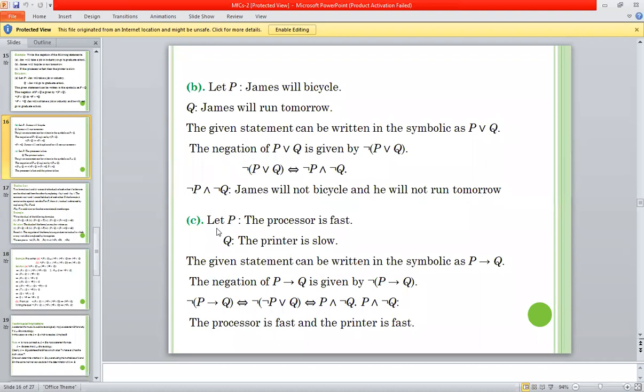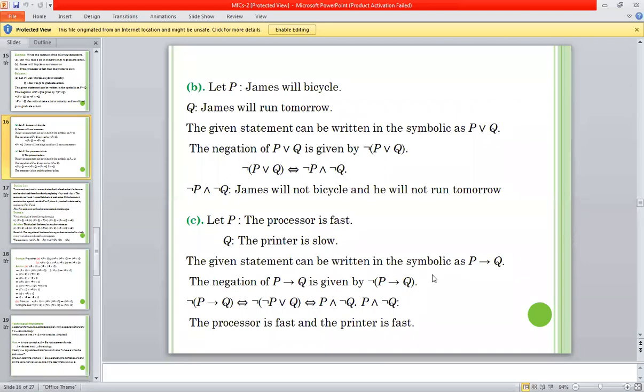And the third one. What is the statement? The processor is fast. If the processor is fast, then the printer is slow. So the proposition P is the processor is fast and proposition Q is the printer is slow.